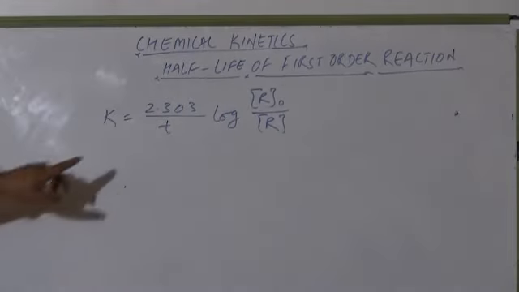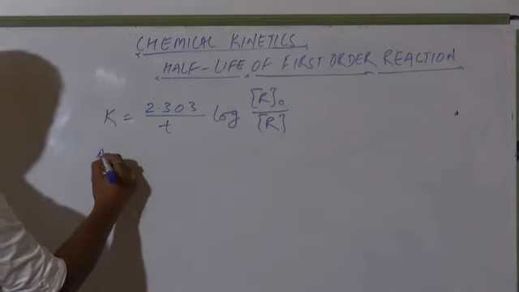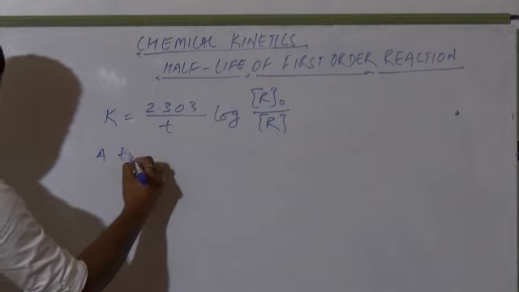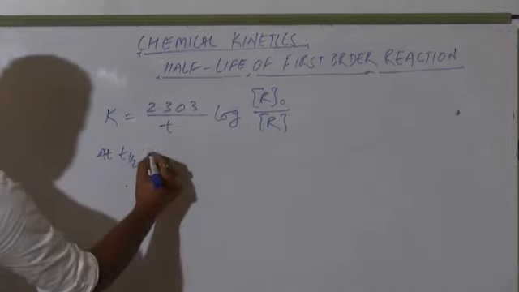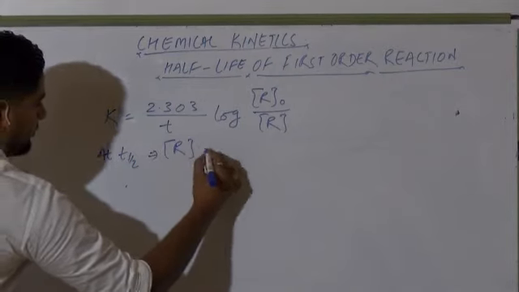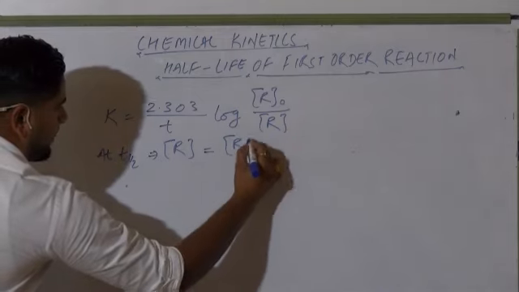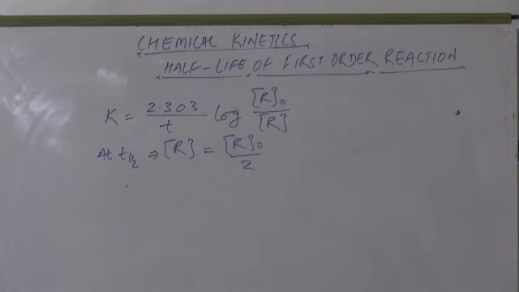Got it? So now we will find T half. At T half, what I told you is that R will become half of the initial concentration. Yes or no?